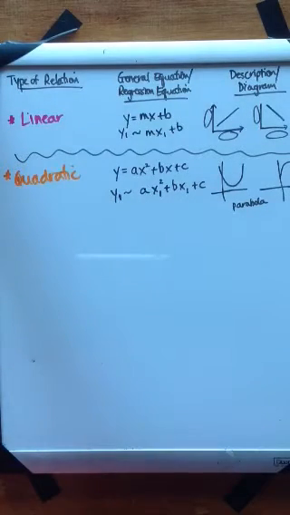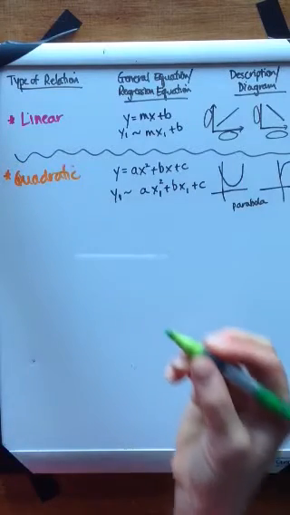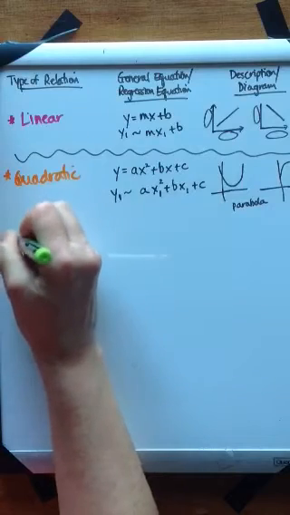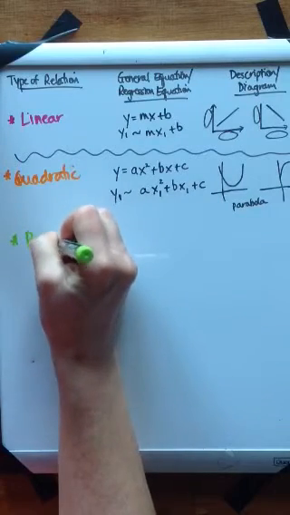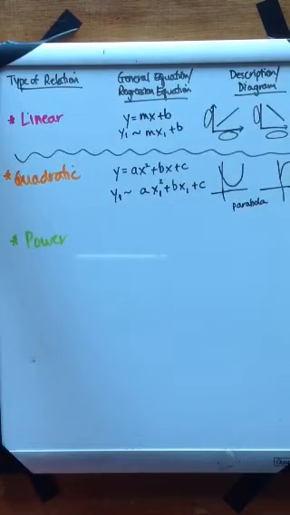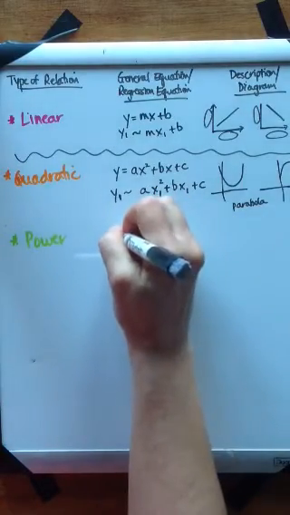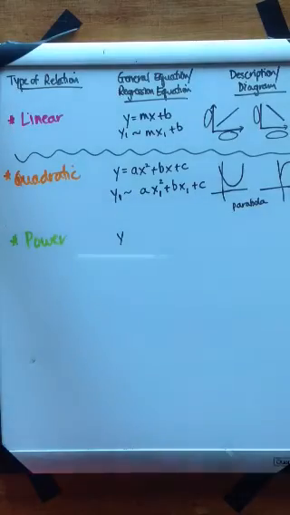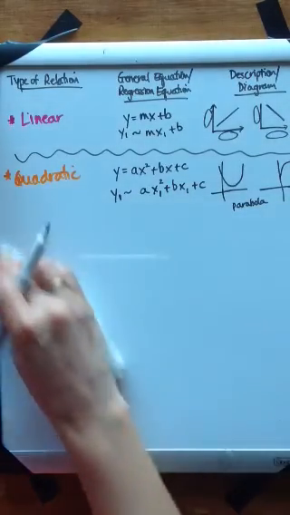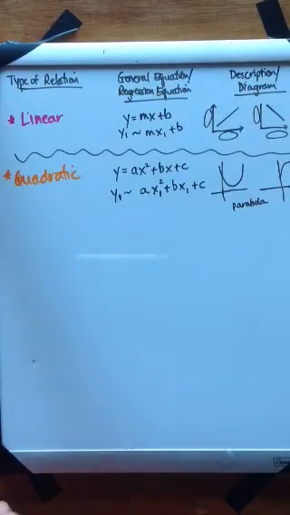Another regression equation that I'd like us to explore is one called a power relation. And the general equation for a power relation is y equals, before power, let's do exponential first. I'm jumping ahead of myself here. Let's do exponential.